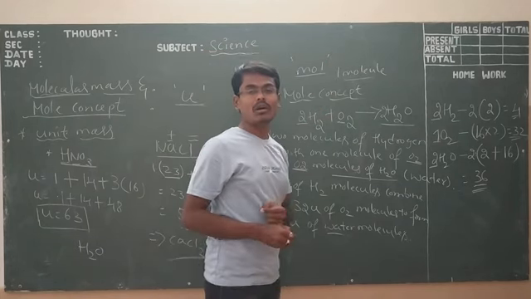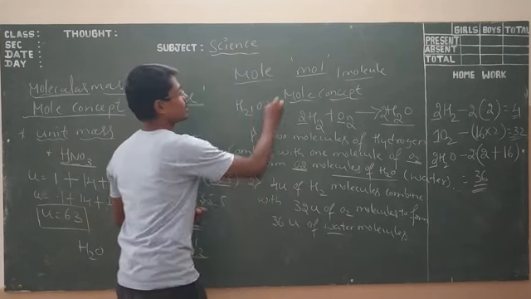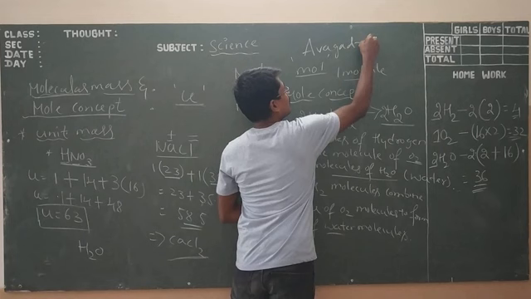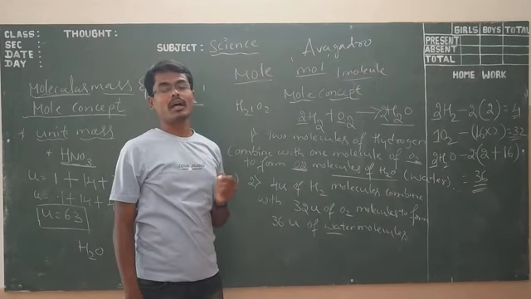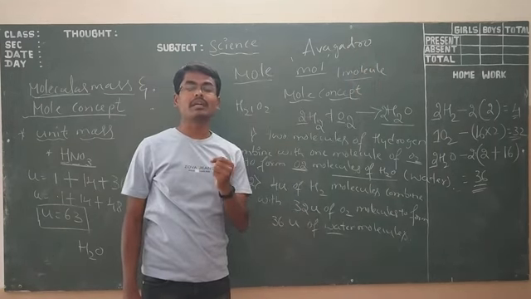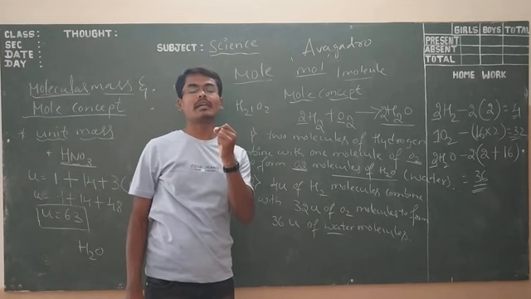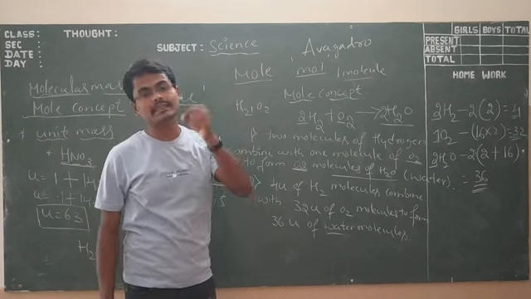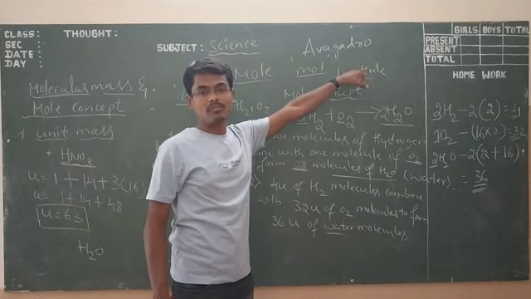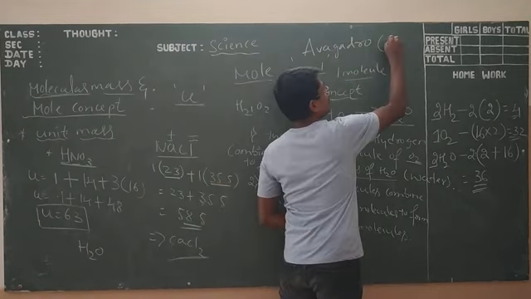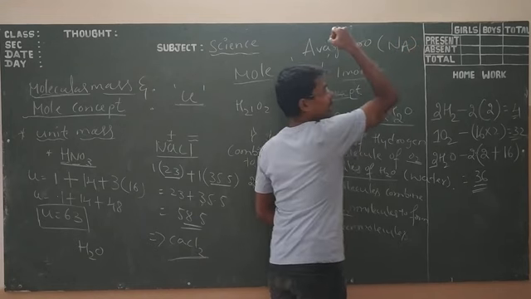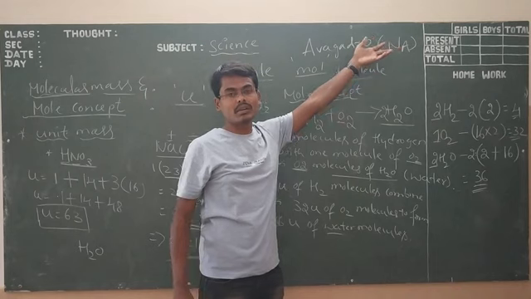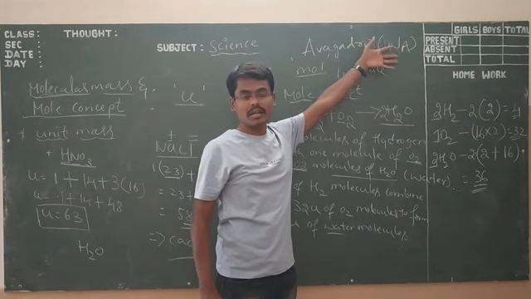A scientist called Avogadro, I think you already know that, experimentally found a number, and for that reason we describe it by using his name, Avogadro number. In textbooks it is given as Na. In other words, it is described as the Avogadro constant.